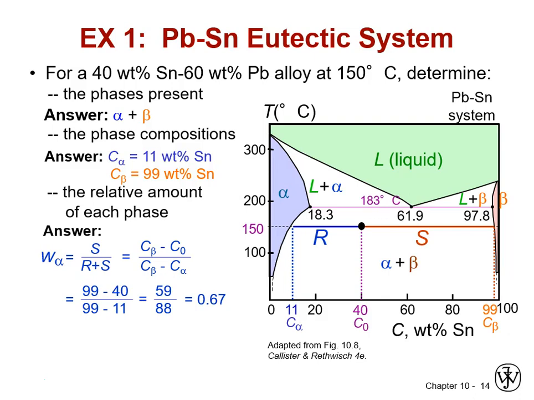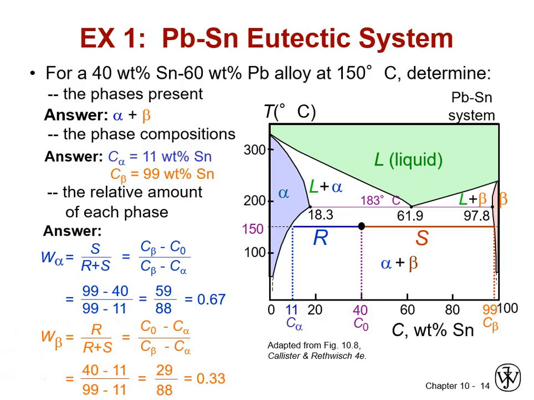So that's 0.67 weight fraction alpha. And because we've only got two phases, we automatically know the weight fraction of beta, which is 1 minus that. So it should be something like 0.33, which would again be R over R plus S for the weight fraction of beta.